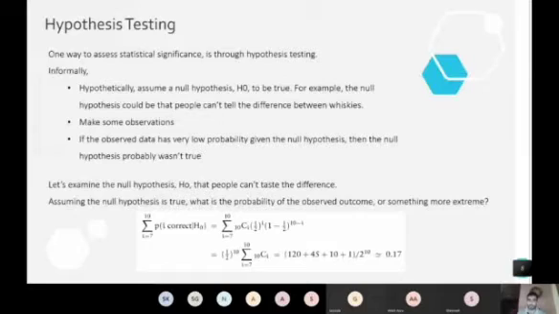To do this, we assume a null hypothesis: people can't tell the difference, and then we do the experiment. If the probability is very low, then we say there is something there and this is not random.